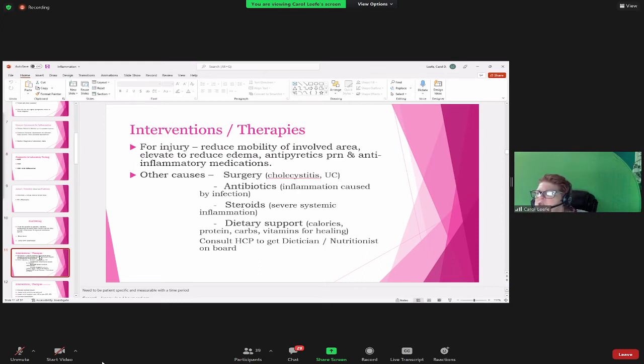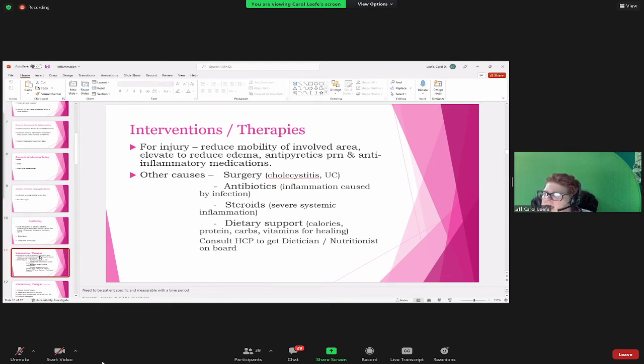So surgeries, you might be the perioperative nurse there for cholecystitis, cholelithiasis, taking the gallbladder out, or ulcerative colitis and the formation of a man-made fistula, which is called a colostomy.